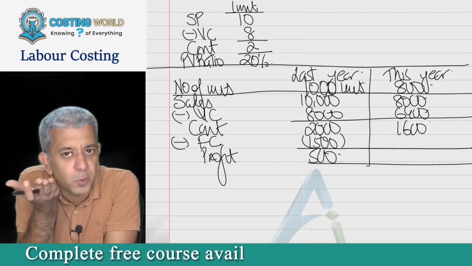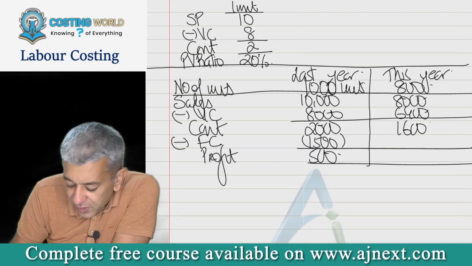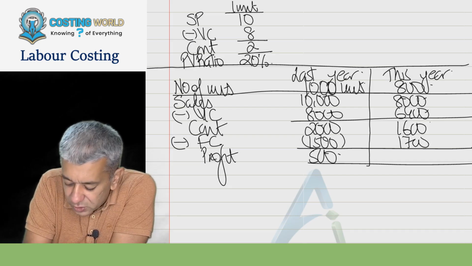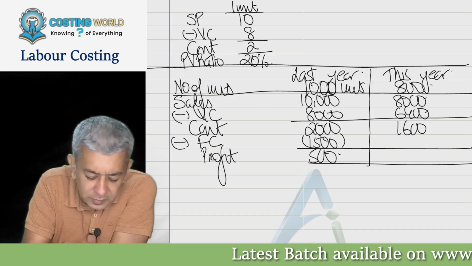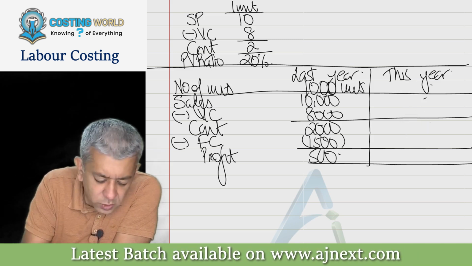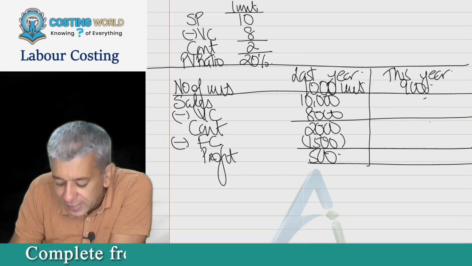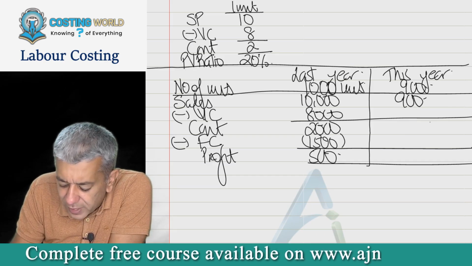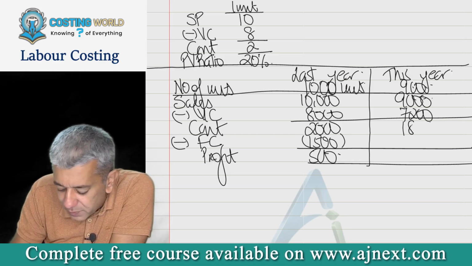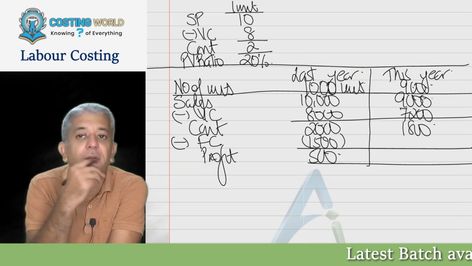All these things will push up my fixed cost. My fixed cost increased from 1,500 to, in this particular case, let me take this particular figure as 900. Okay. So therefore this year it became 900. So this thing will become 9,000? 900 into 8. This thing will become 7,200. This thing becomes 1,800.